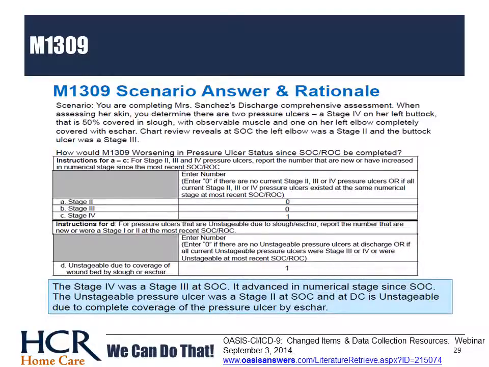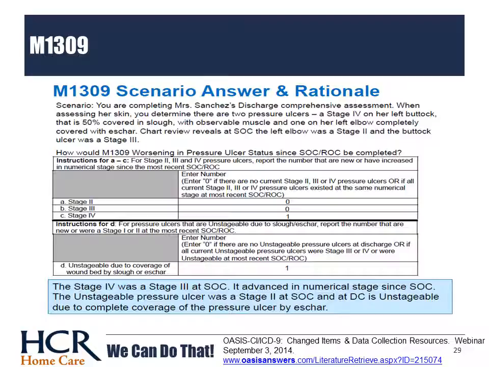Okay, so let's look at both of these pressure ulcers individually. So first, at discharge, when we're presently assessing the patient, we identify that there's a stage 4 on her left buttock, and it's covered in 50% slough. Now, even though it's covered in 50% of slough, we do see observable muscle, so therefore we can automatically stage it as a stage 4.